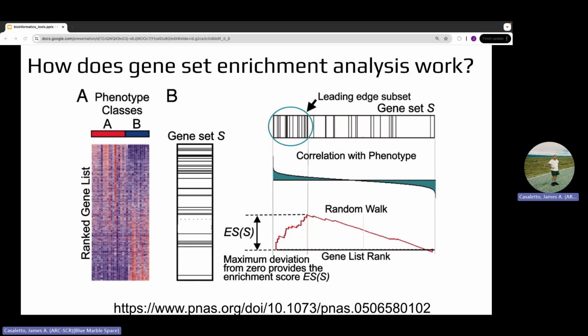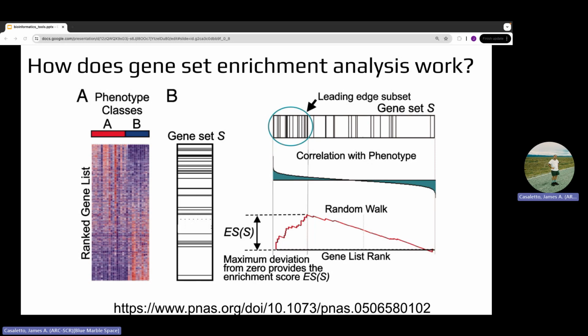So then basically we take a walk from left to right going down those genes, and you can see that the ES of that gene set is the distance between 0 and the highest peak, basically, and that's going to be your enrichment score.